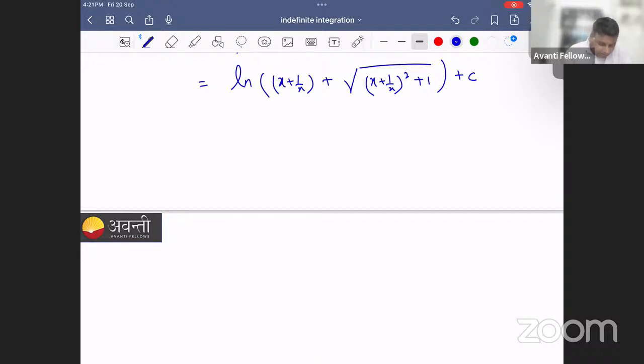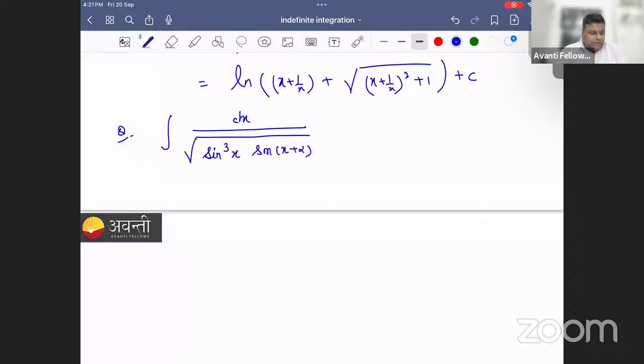The question is integration dx upon under root of sine cube x into sine of (x plus L). This is the 18th question in the miscellaneous exercise of NCERT. dx upon under root of sine cube x into sine of (x plus L).